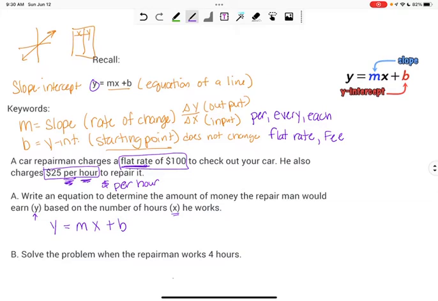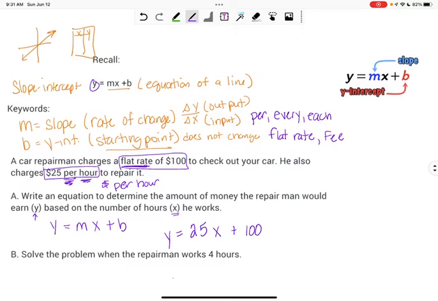And we now know that we can replace our m with our slope, which we identified as 25. We can keep our x there because we don't know how many hours, but we're just writing the equation that can help us figure out how much he will get paid in total. So y equals 25x plus 100. 100 is our y-intercept. That's our starting point. That's what has to be paid no matter what.